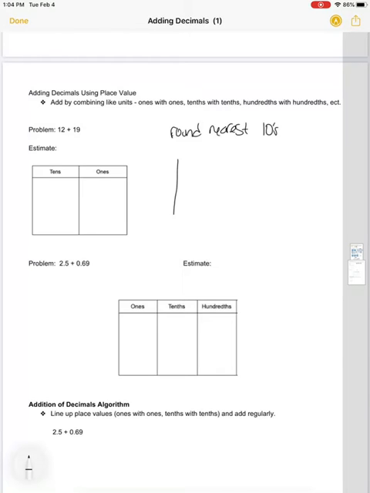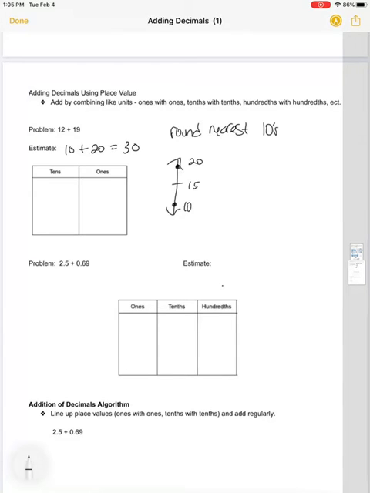Well, your options are 10 or 20. If we think about where 12 would go, it would go down here, close to 10. So I'm going to say 10, plus 19 would go close up here to the 20. So I'm going to round that, and I'm going to get 30.